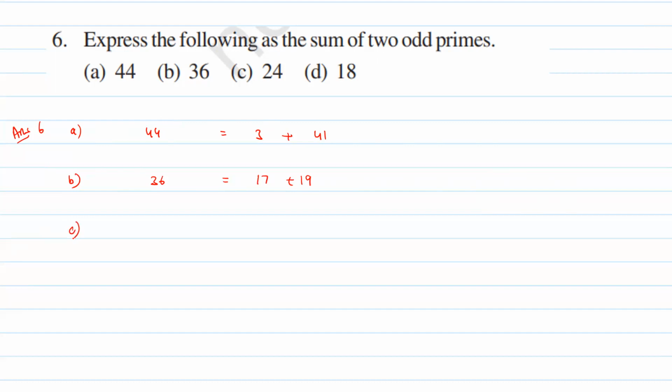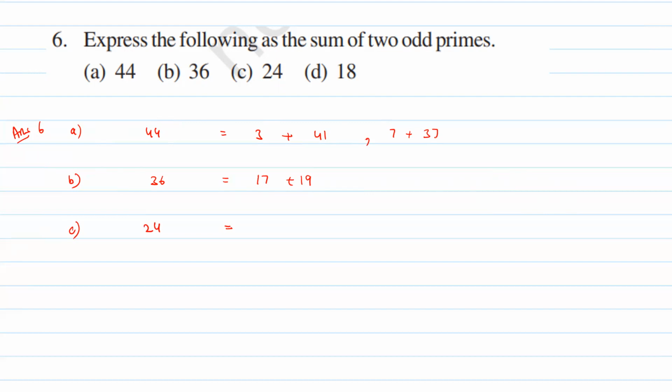You also have to keep in mind that you have to write odd primes, so you cannot write even 2 in this. If you ask me 3 plus 41, you can write it as any other pair like 7 plus 37 also. That is not a problem.